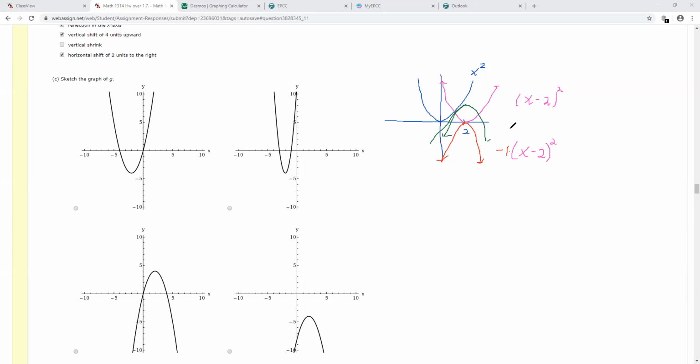And that would be the whole thing then, which is the x minus 2 squared times the negative 1 and then the plus 4. And we can write the plus 4 afterwards or in the front.